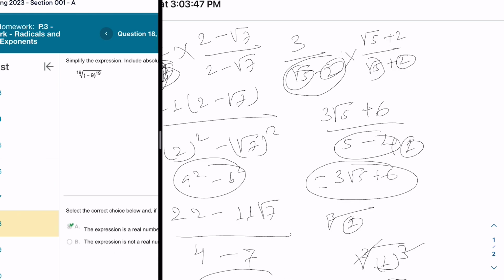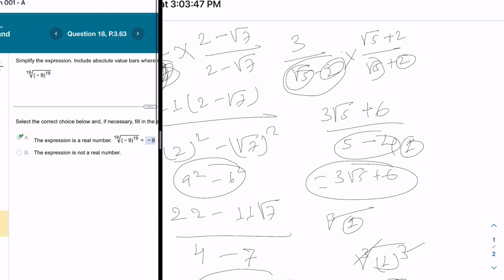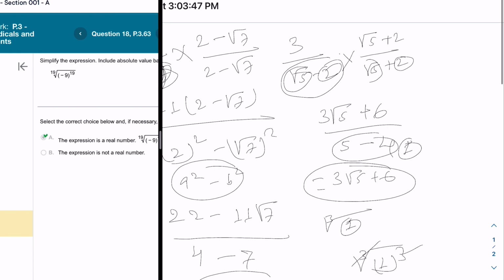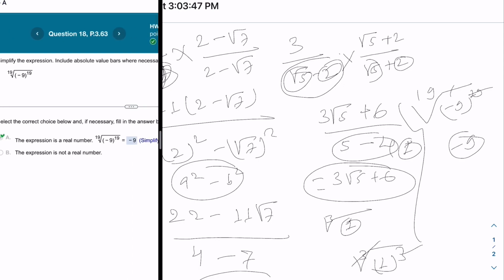Okay, so our question number 18 is like minus 9 to the power of 19. So we can do this problem by directly cutting down this thing, and the last answer will be minus 9.